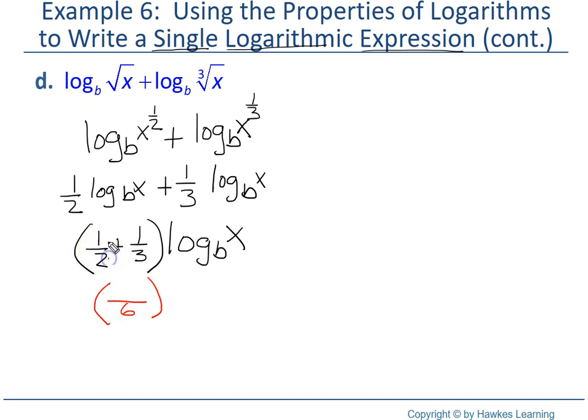I need to multiply this by 1 in the form of 3/3, and this by a 1 in the form of 2/2. So this is 2 log base B of x. So this becomes 5/6 log base B of x.